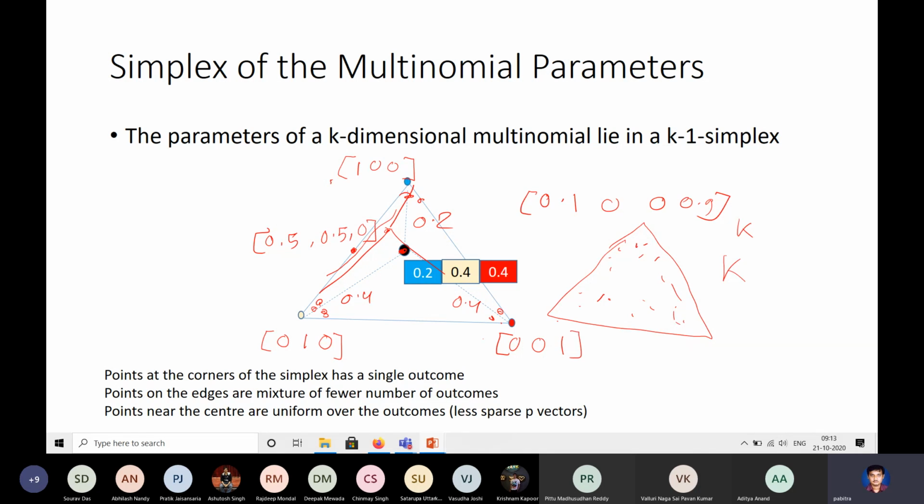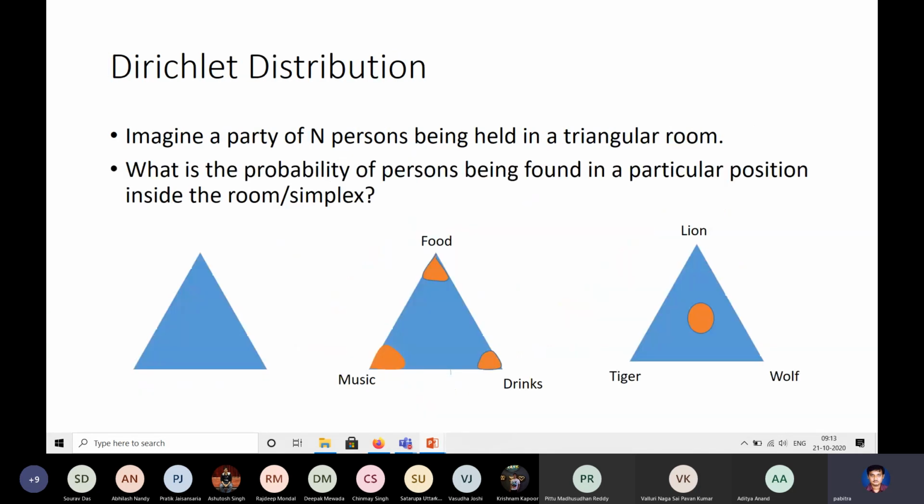So let us think of it like this. This is a nice visualization I came across. Imagine you are holding a party of n persons in a triangular room, a simplex, and you can think of the probability of a random person being found in a particular position inside the simplex.